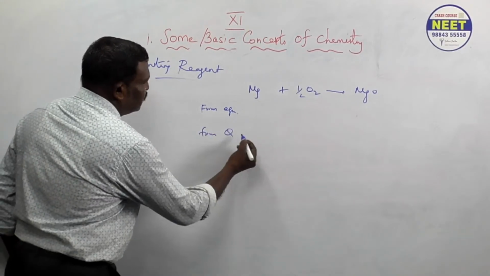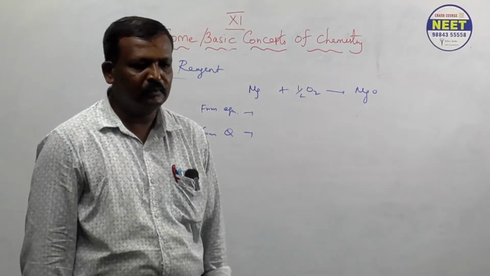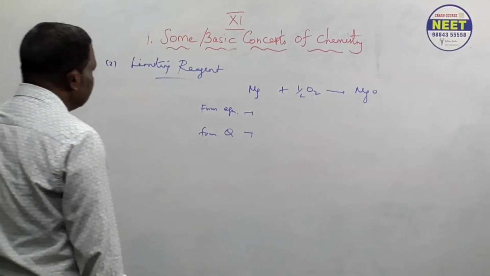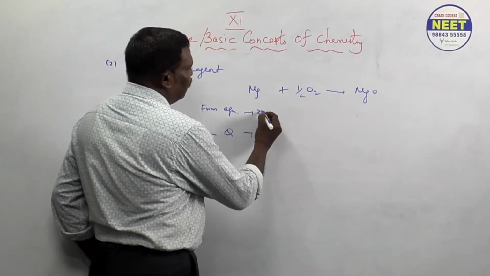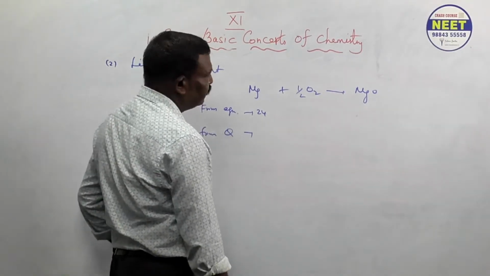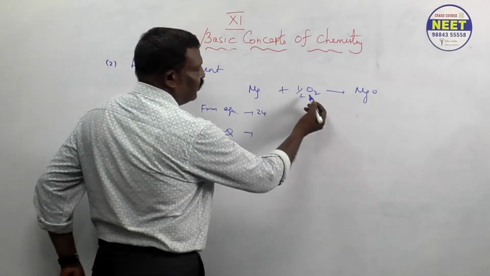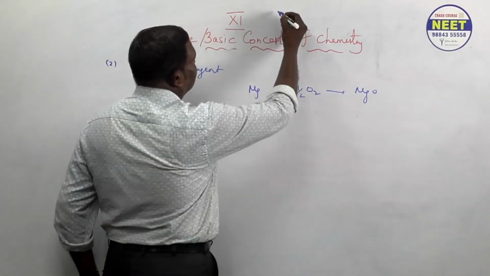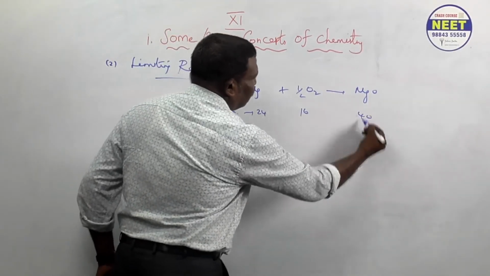From the question, what information do we get? Atomic mass is given. So 24 here, half into 2 is 1 oxygen, which is given as 16.